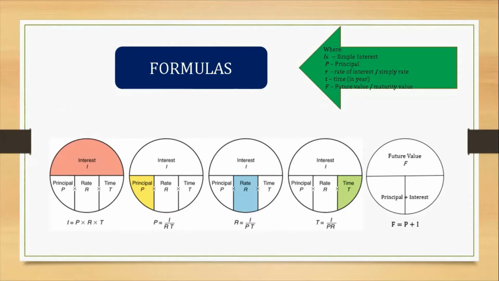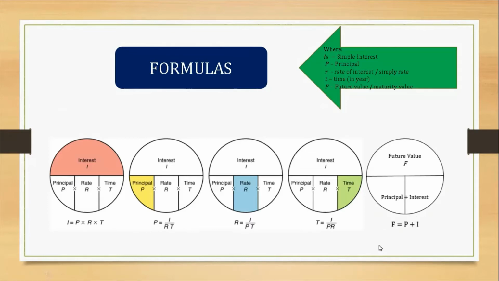And if we're going to find the value of the principal, we need to use this formula. That's interest all over rate times time. And if we are looking for the value of the rate, that's simply interest over principal multiplied by time. And if we are going to solve for the time, that's interest over principal multiplied by rate.